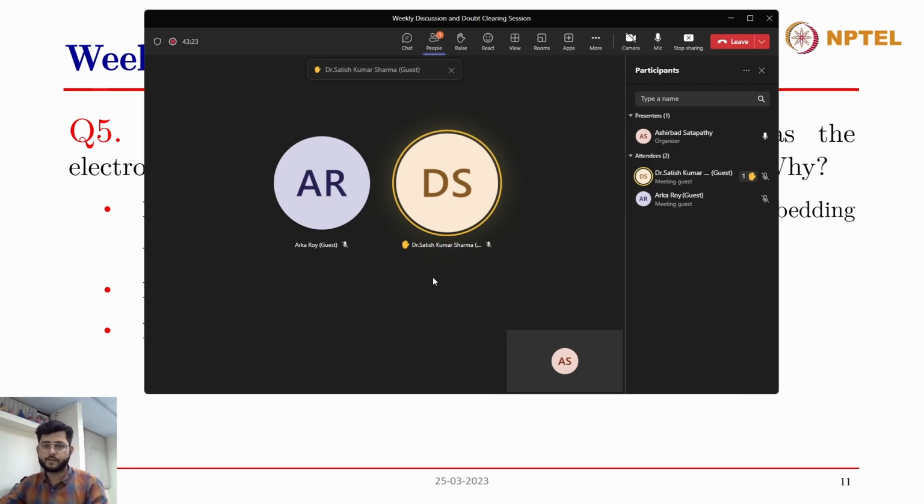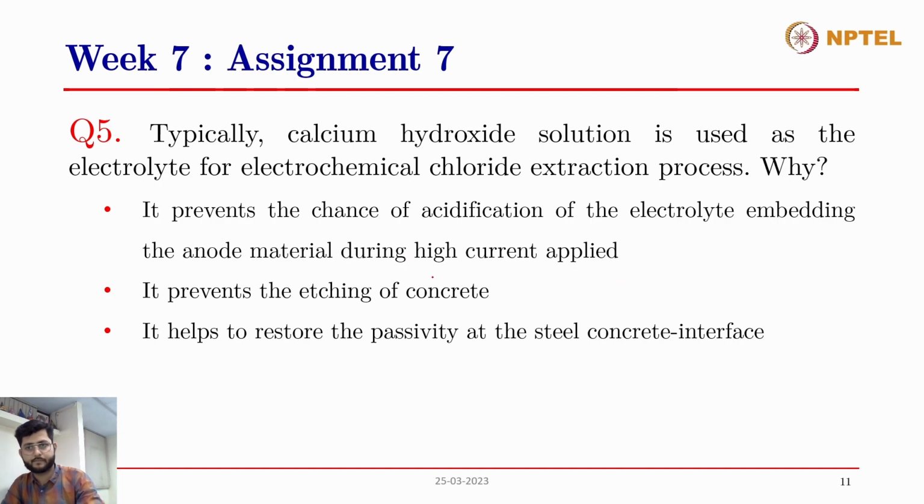Dr. Satish, have you raised your hand? Yes, go ahead. The first option is correct because acidification of electrolyte is a common problem in this type of situation. Since this material is alkaline in nature, it will prevent acidification of the electrolyte.